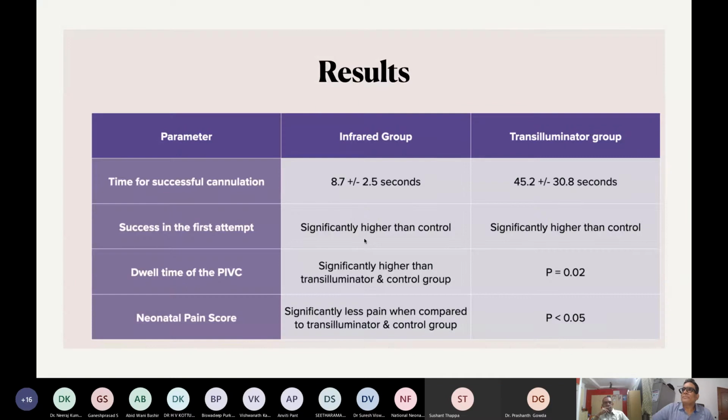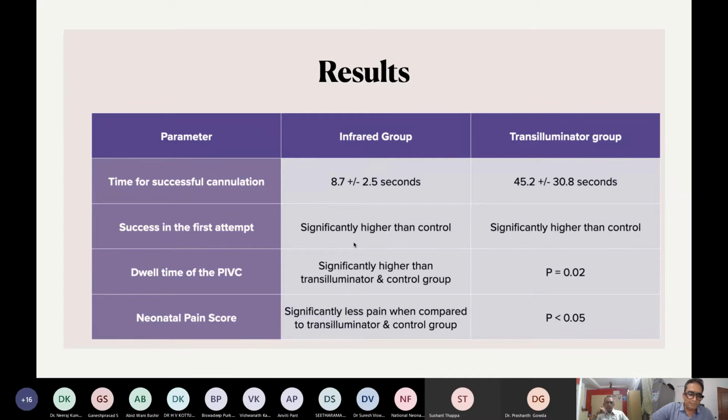And they found that the time for successful cannulation was better with the infrared group. It was much quicker when compared to the transilluminator group. Success in the first attempt was better in the infrared group and the transilluminator group when compared to the control.